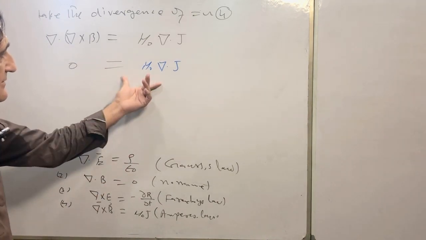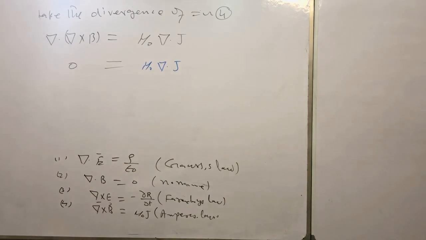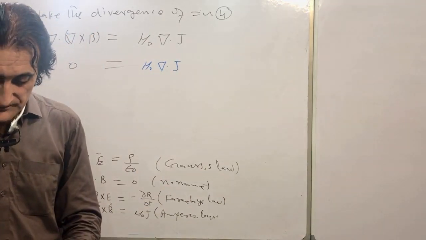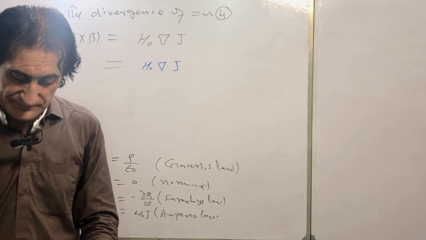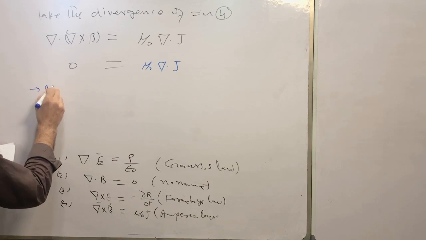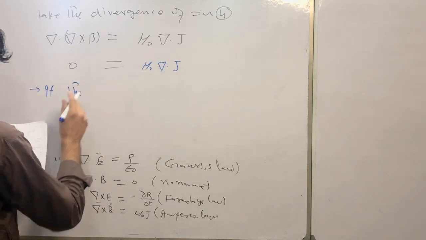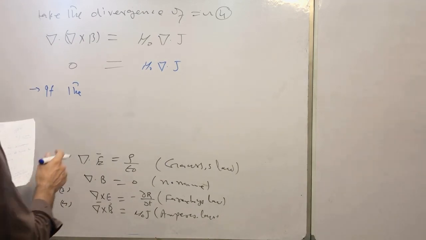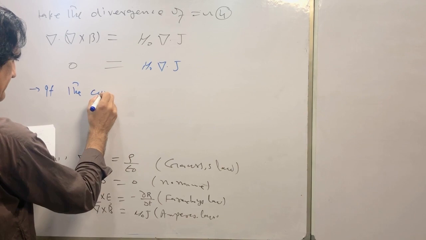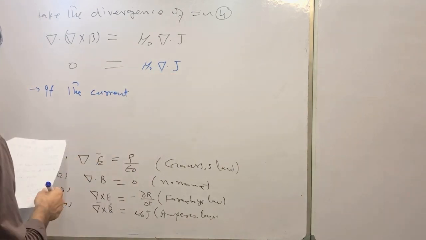How do we fix this equation so that the left hand side and the right hand side are equal? Actually, J is the current density, current per unit area.